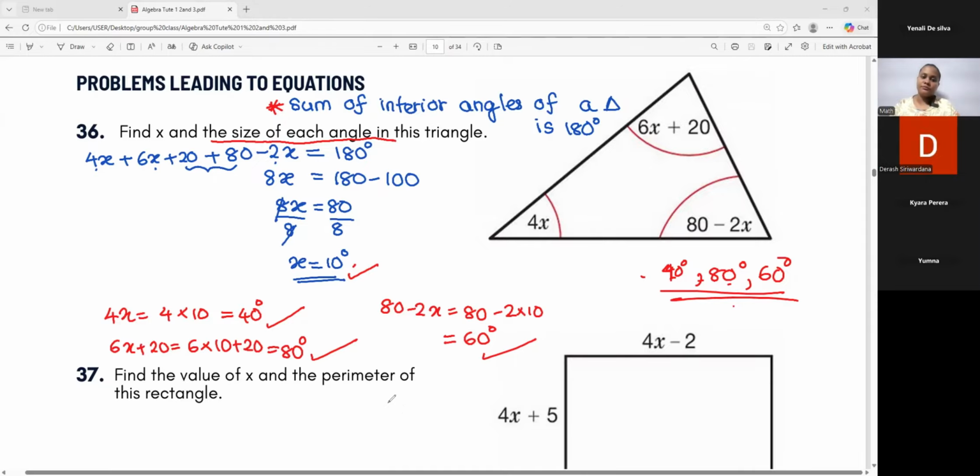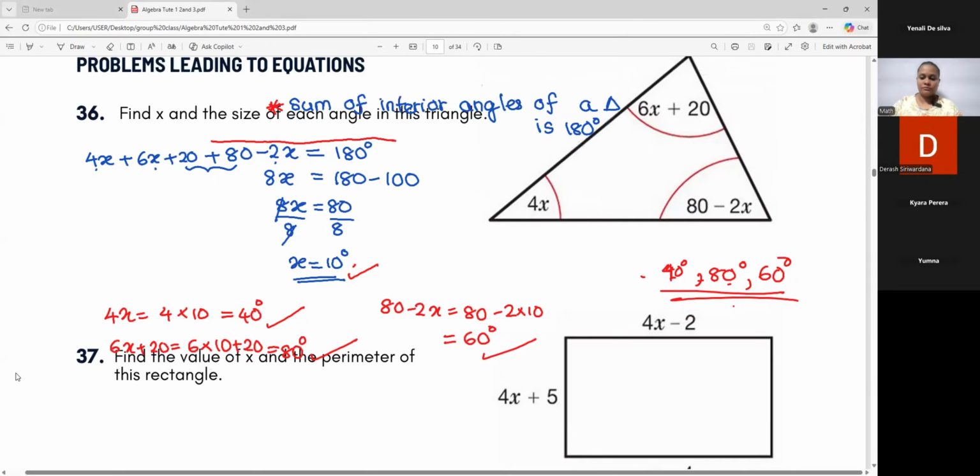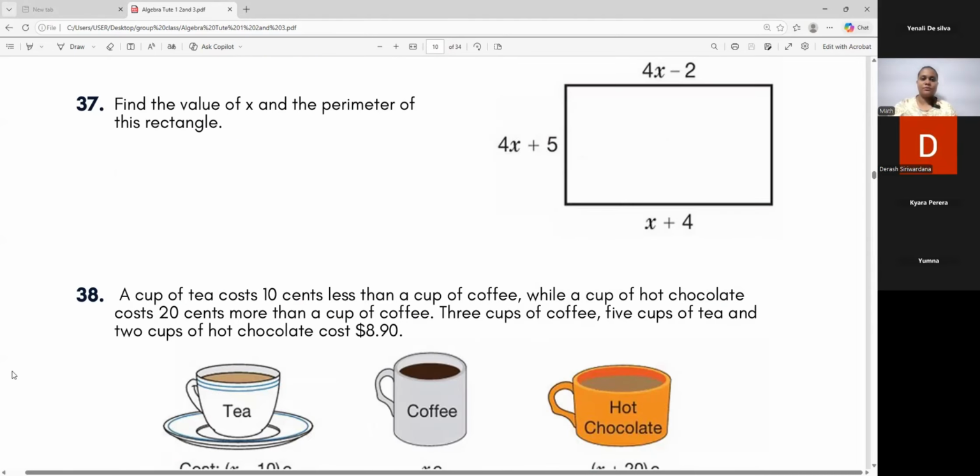37. For this one, you need to know the properties of a rectangle. We know that in a rectangle, opposite sides are equal, and all the angles are equal to 90 degrees. Now I gave the hint.